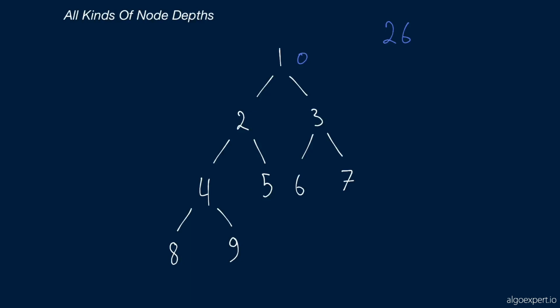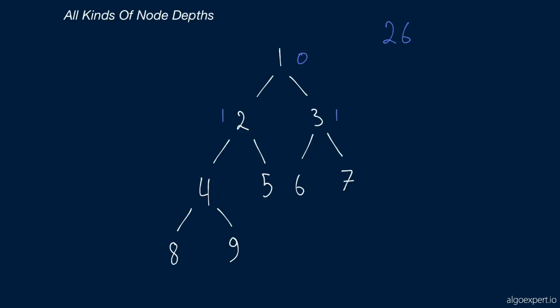And then we're going to add this 0 plus recursive calls on this node and on this node, passing in a depth of 0 plus 1, because these two nodes have a depth that's 1 greater than this node. And so these depths would be 1.